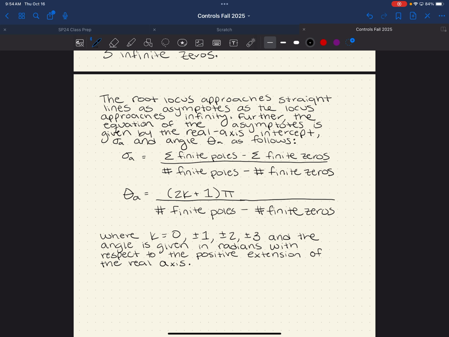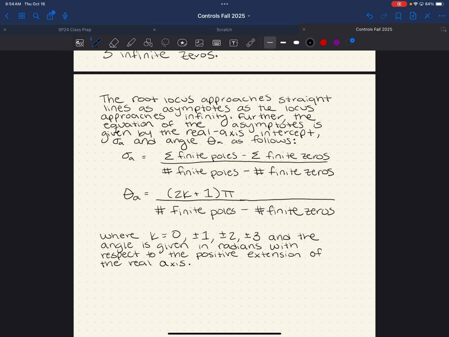You take the sum of your finite poles minus the sum of your finite zeros, over your number of finite poles minus your number of finite zeros. That gives you your real axis intercept. Keep in mind I'm saying real axis intercept, which is a little strange because you're getting basically the x-axis intercept, which is odd for a line. We're used to seeing the y-intercept, but anyway.